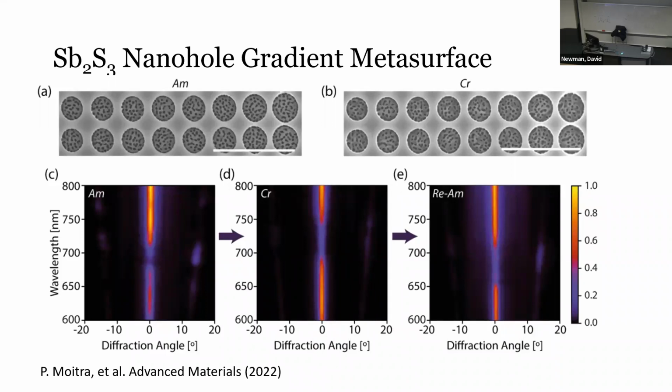If we scan the transmitted light through it, we see beam bending of around 15 degrees or so. Then when we crystallize the material, this is suppressed and the light tends to go straight through. And if we reamorphize it with a laser, we get beam bending again. So we can achieve these sorts of effects with this nanohole array.